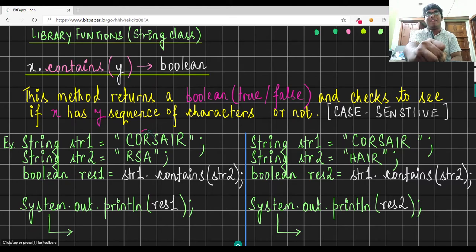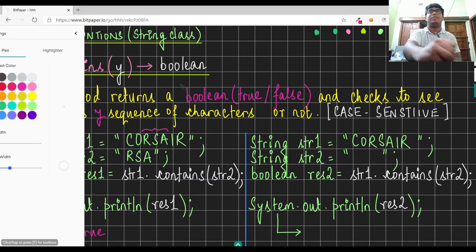So we have R, S, and A as a part of Corsair, right? Therefore, str1 dot contains str2 would return true. But this is not true the other way around. Moreover, this is case sensitive, which is why if you had written RSA in lowercase, this would not have worked.